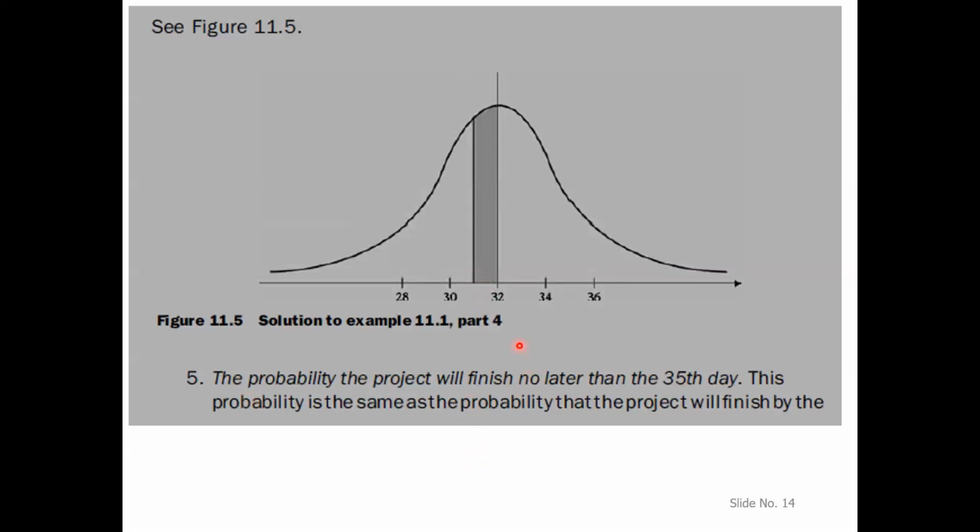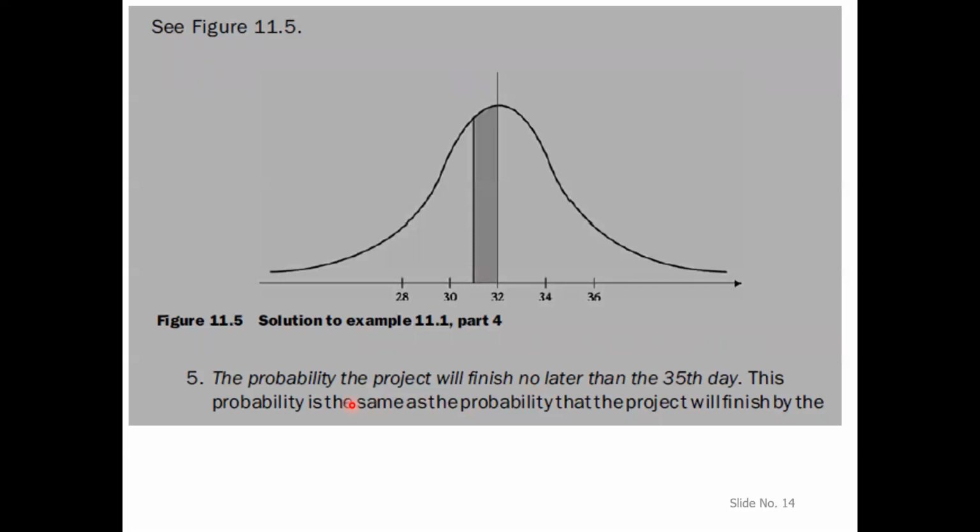Okay, so this was the question, and now the next question is the probability the project will finish no later than the 35th day. No later than the 35th day means before the 35th day.